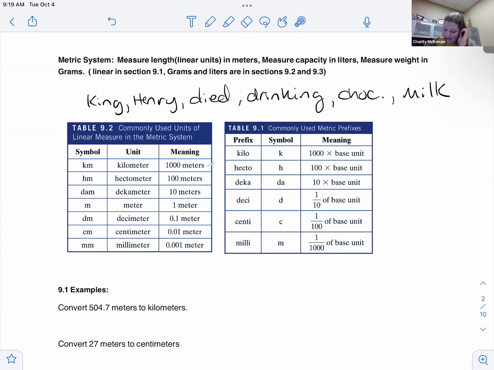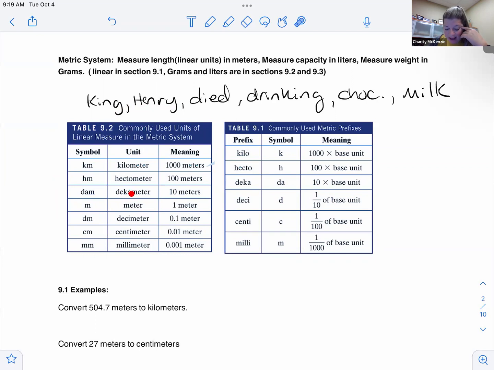Because watch, King Henry died drinking chocolate milk. These are our prefixes on all metric. All metric is going up by 10 each time, with the middle being where the main measure is. So on this chart, it's all metric, meters in the middle.